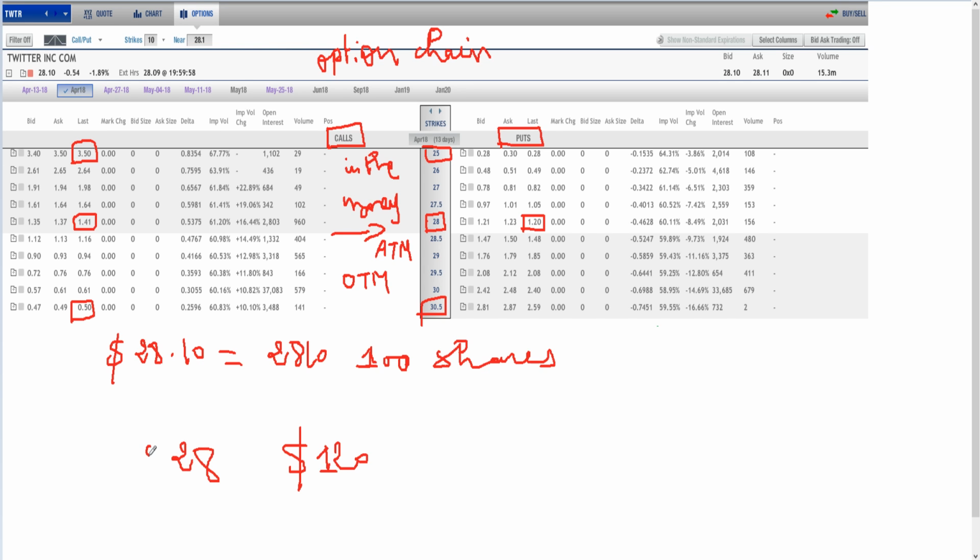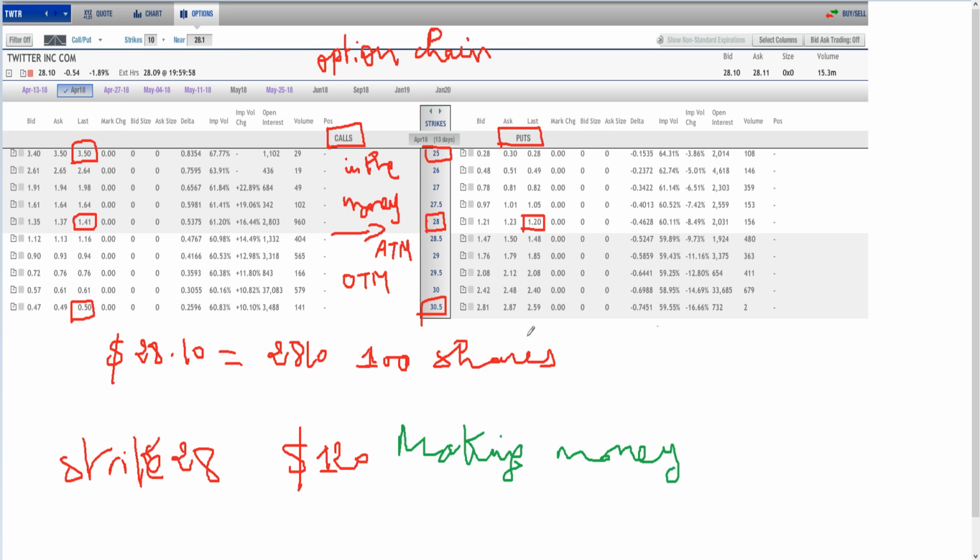It means if the stock goes down from $28, you are paying 120. If the stock is going down, you will be making money. If the stock is going down, this 120 becomes 150, 200, 300, depending on the price.